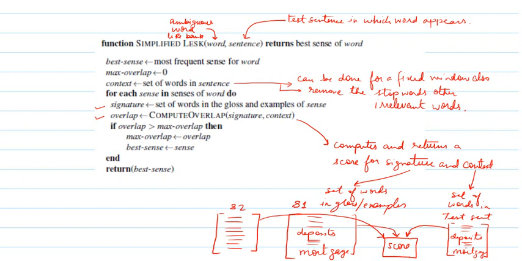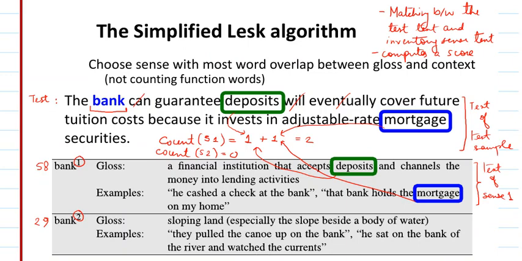Whichever is higher, we compare it with the maximum overlap, and if it is a maximum overlap, then we assign that particular sense as the best sense. And at the end we return the best sense. So in this way this simplified LESK algorithm is working. It is pretty simple, and it works pretty well.